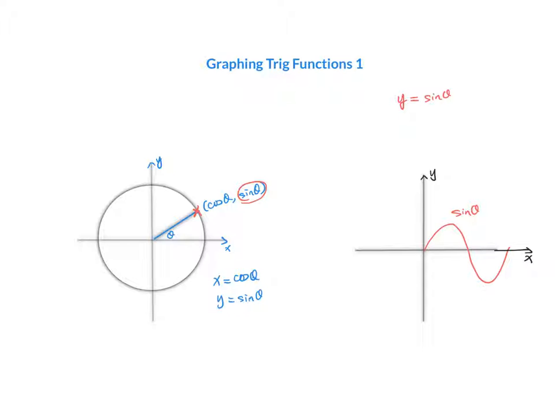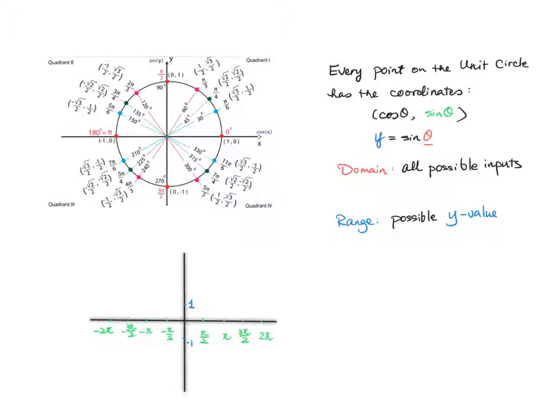Now let's see how we can do that in a more precise way. On the unit circle, every point has the coordinates cosine theta and sine theta. So let's take angle 30, for example. Here's my angle theta.